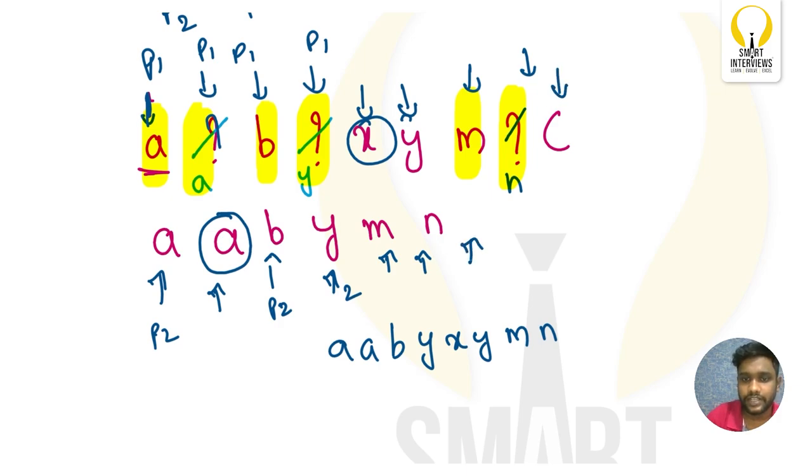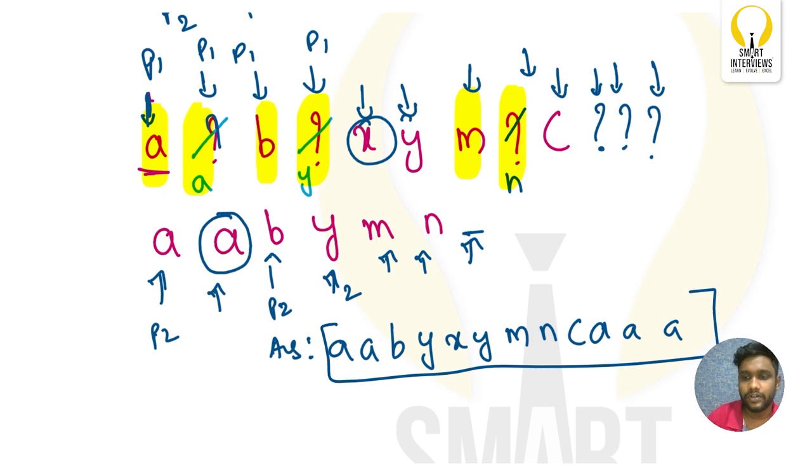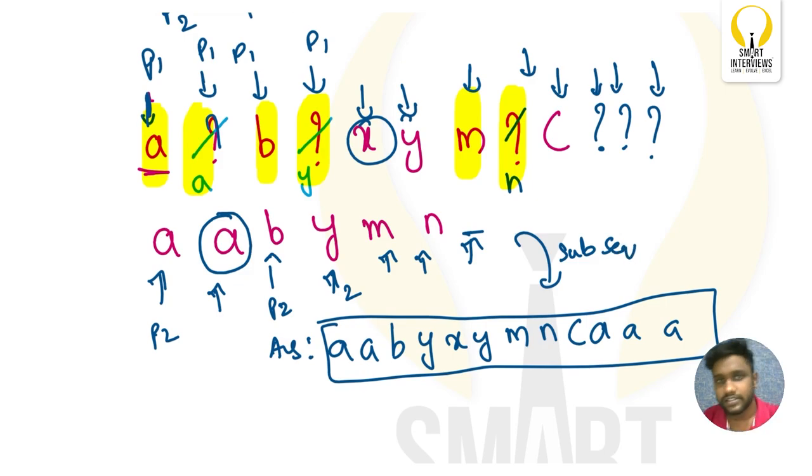So if you see, p2 is already out of the string t length, so we are going to print c. Let's say we have a question mark here, then what should we do? Let's say we have few question marks here that needs to be addressed, right? So simply what we can do is we can replace it with any character. Let's say we are just going to replace it with a. So this could be our output string s, where t is going to be a subsequence, right? So this is the solution.